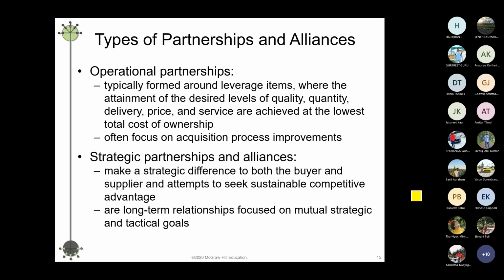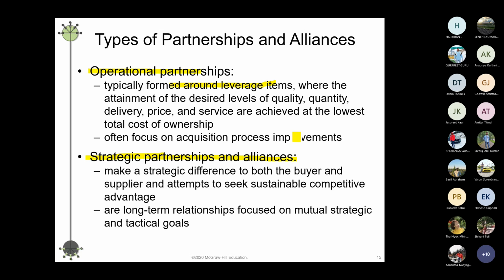And you have different types of partnership or alliances. It could be operational or strategic. A strategic one could also end up in alliances. Operational ones are good for leverage items, if you remember, and these are just focusing on the cost of acquisition. So how can we improve the cost of acquisition?